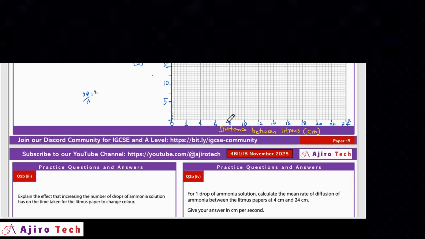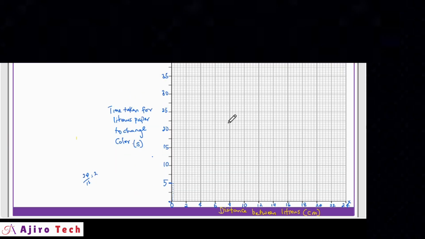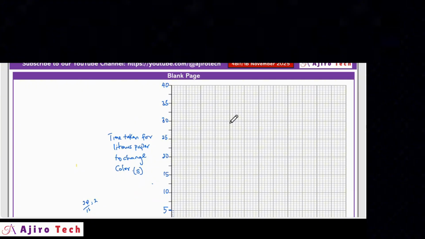All right. Now don't forget that we need to have a key, because we are dealing with 2 independent variable values, 1 drop and 3 drops. So let's have the key here.